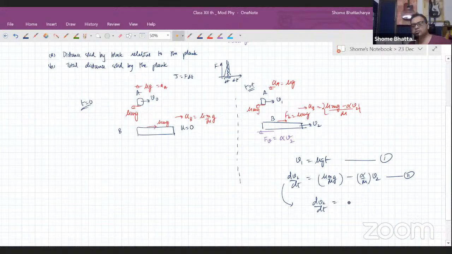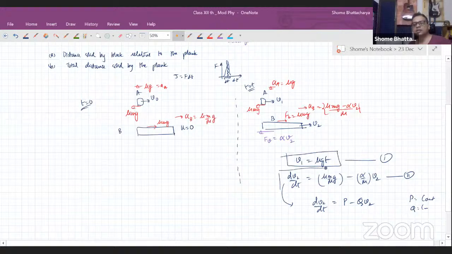Let's say, it is some P minus QV, where P is a constant and Q is a constant. Now these two equations will be valid till V1 becomes equal to V2.